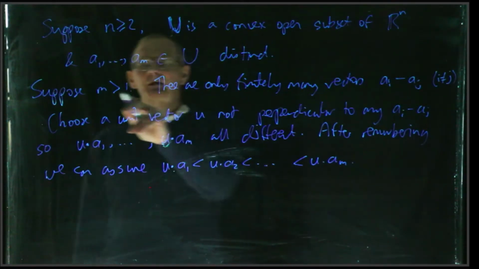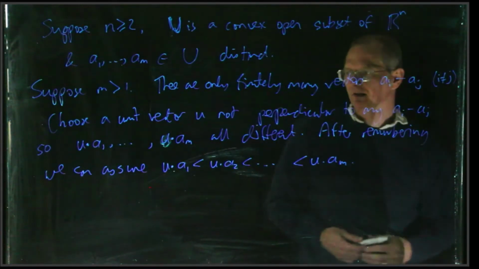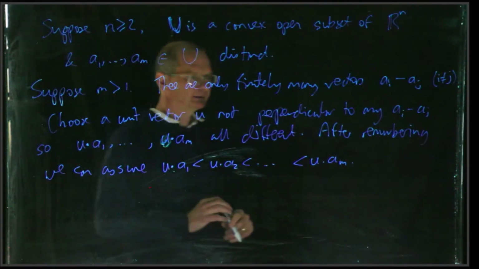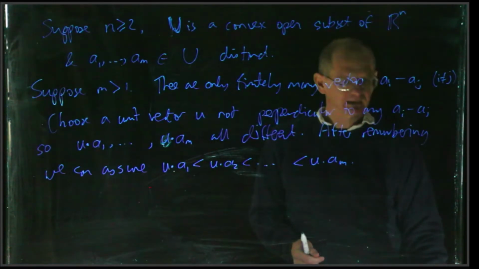Okay, so it doesn't matter in what order we listed these points, so we might as well renumber them so that these things are in order, and that would be convenient. So let's have a little picture here.